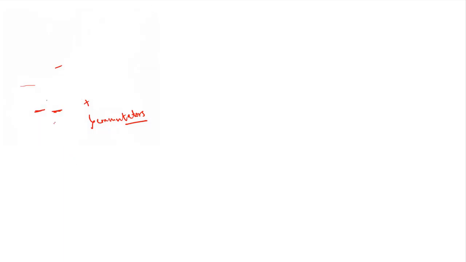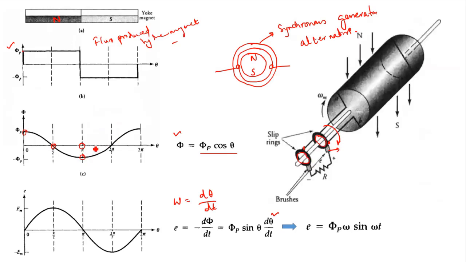One important aspect I forgot to tell you here: we can see that when the rotor moves half a cycle, your EMF is also half a cycle. When your rotor moves half a cycle up to pi, your EMF is also pi.